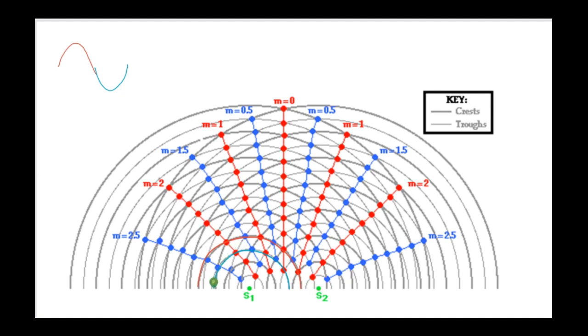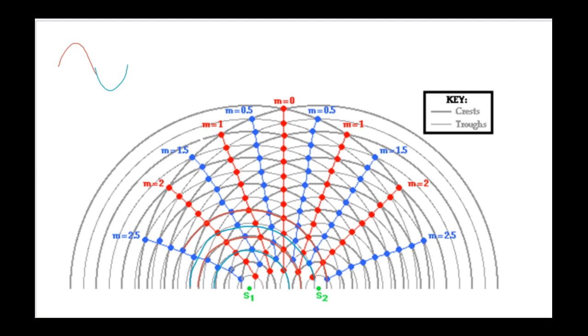Fine. Similarly, this represents the trough, and this represents the crest for the light coming from the slit S1. Fine. Now let us consider the light coming from slit S2.